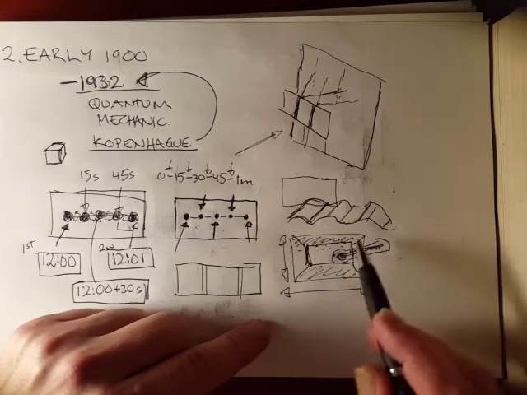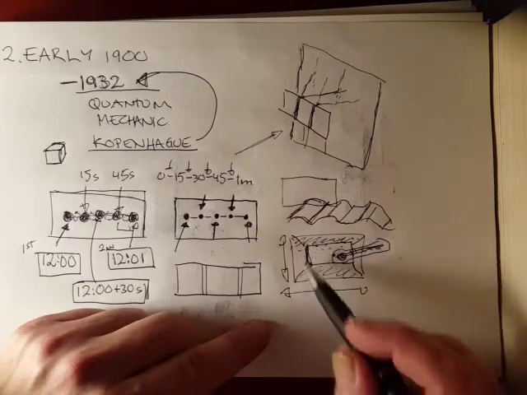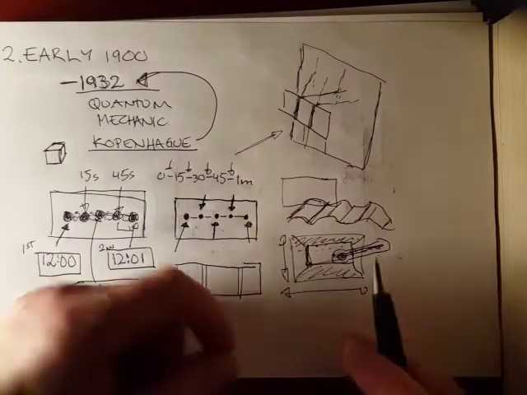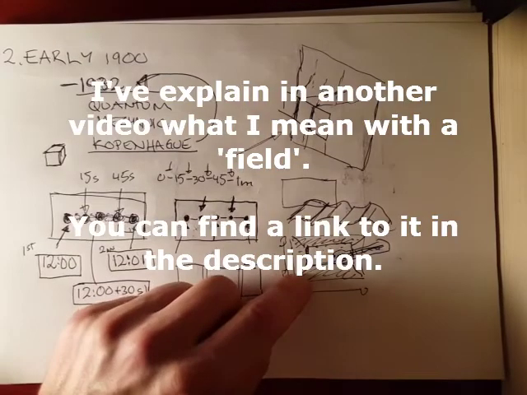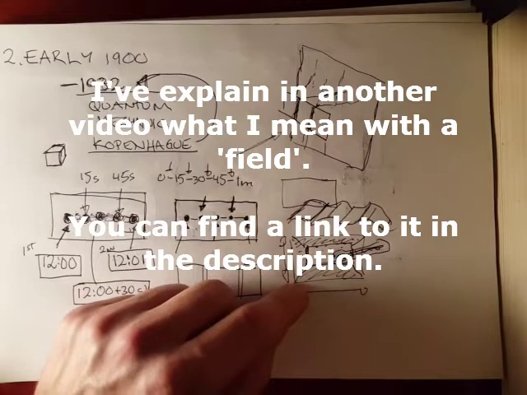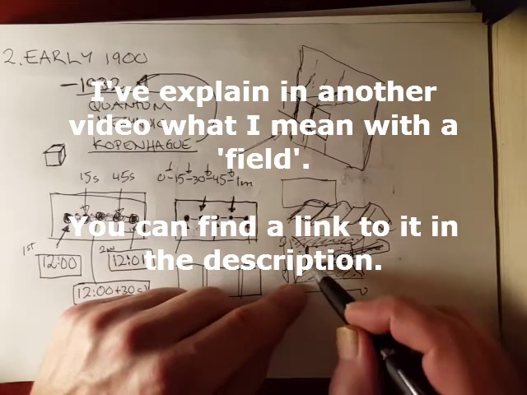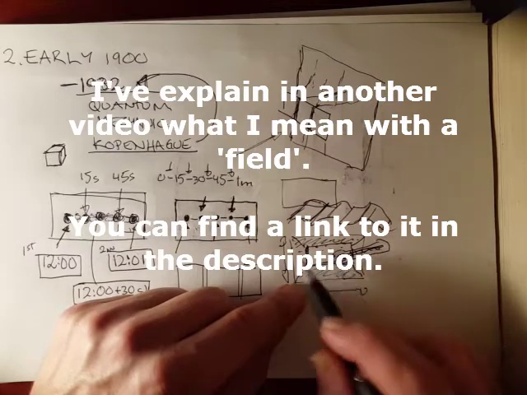You can read off a temperature at every single spot in the room, and that means temperature is defined everywhere in the room. And that is what we mean with a field. This is a temperature field.